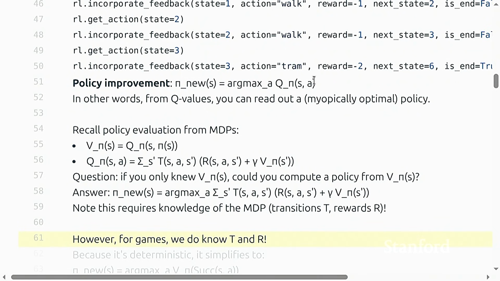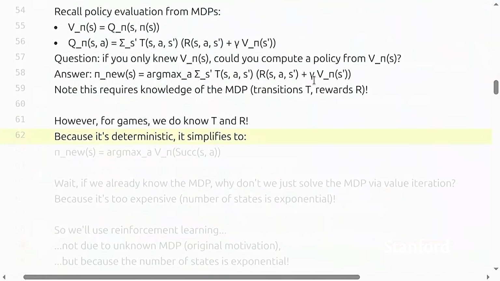Most of the time you're playing a game, you know perfectly the rules. Things might be even deterministic as we've defined it. For example, chess, Go, everything's deterministic, everything's fully observed. So there's no uncertainty. So then, given a V value, it's actually pretty trivial to compute the best policy.